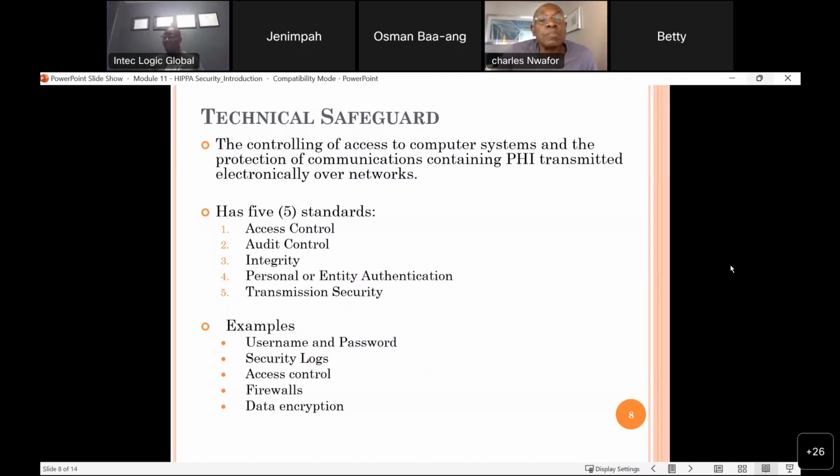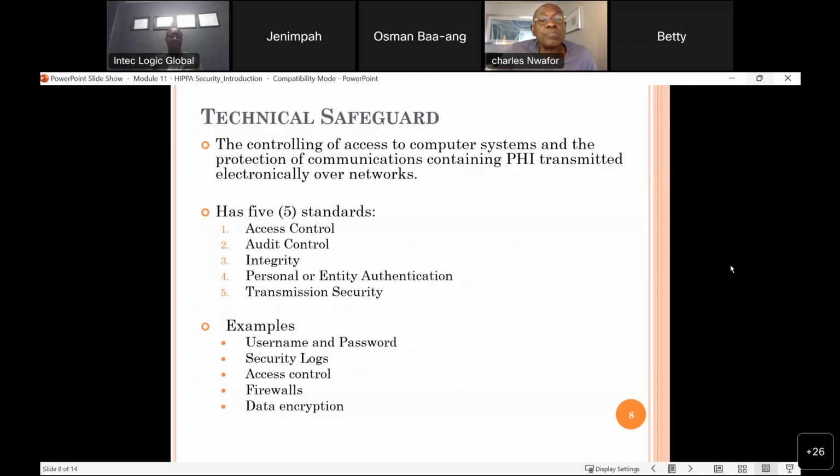We have 5 standards here. We have the access control, which some literature calls logical access control. When you hear logical access control, it has to do with connectivity to the internet or logging into a network, lateral movement or whatever it is on the internet. That is logical, right? Access to that documentation.